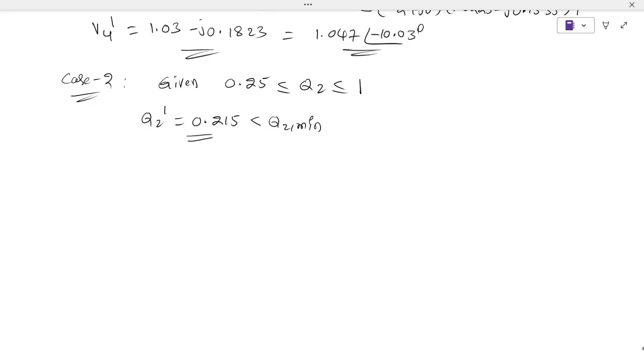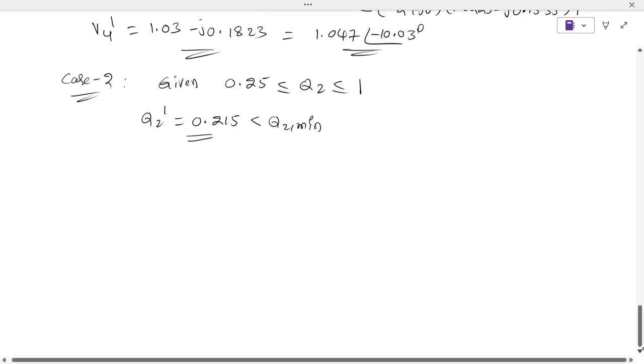So now in this condition, what to do? What is the theory there? I have already explained. If the calculated value is not within the limits, and it is less than the minimum value, then consider our Q21 value as this minimum value, that is 0.25 per unit.